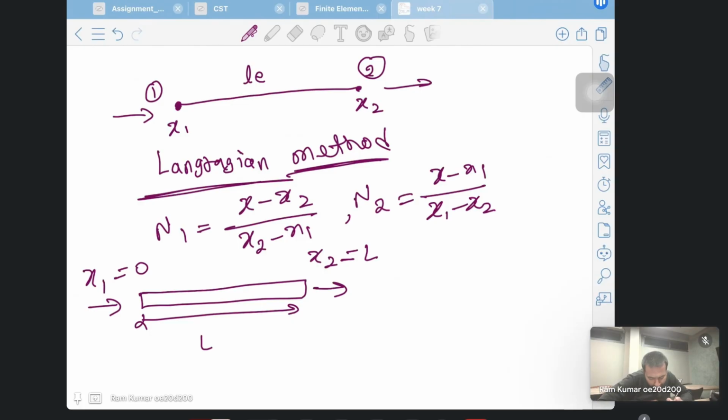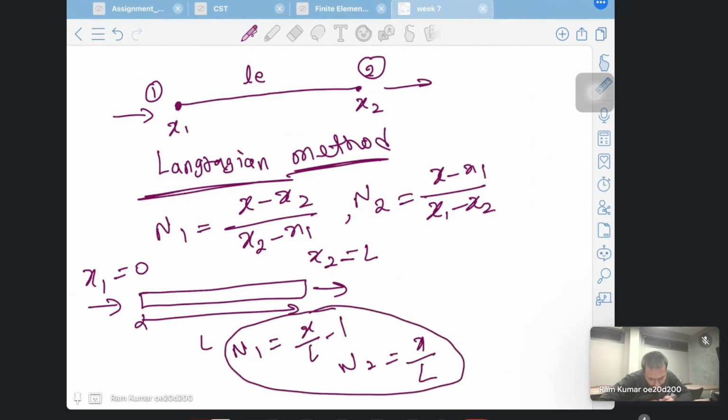So I think you remember what the shape function will be. So we know that N1 equals x by L minus 1, in magnitude, then N2 will be x by L, like this.